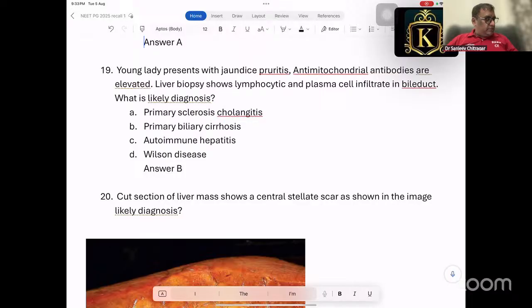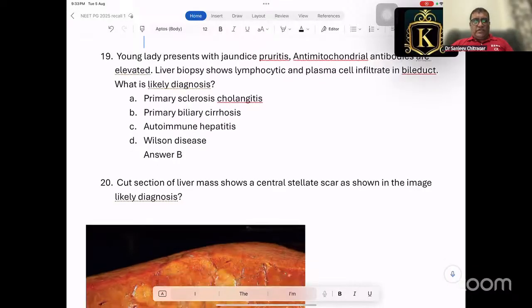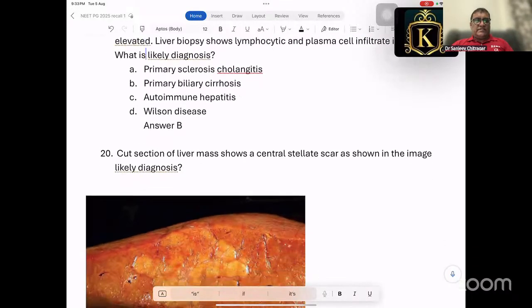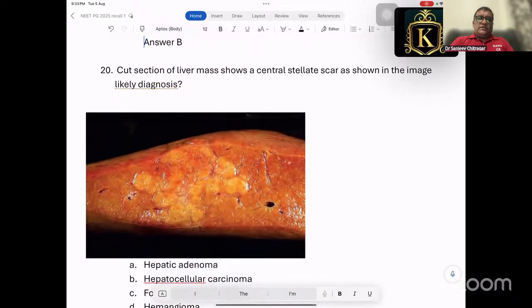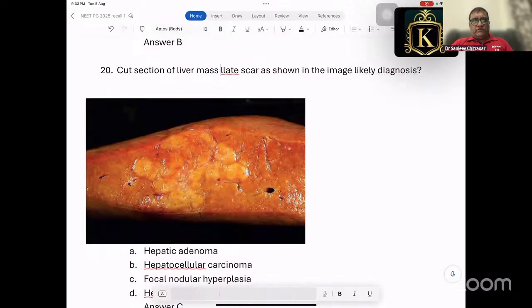Okay, no description was there, only the image was given, and there was a central scar seen, right? No central scar was mentioned. Okay, thank you.